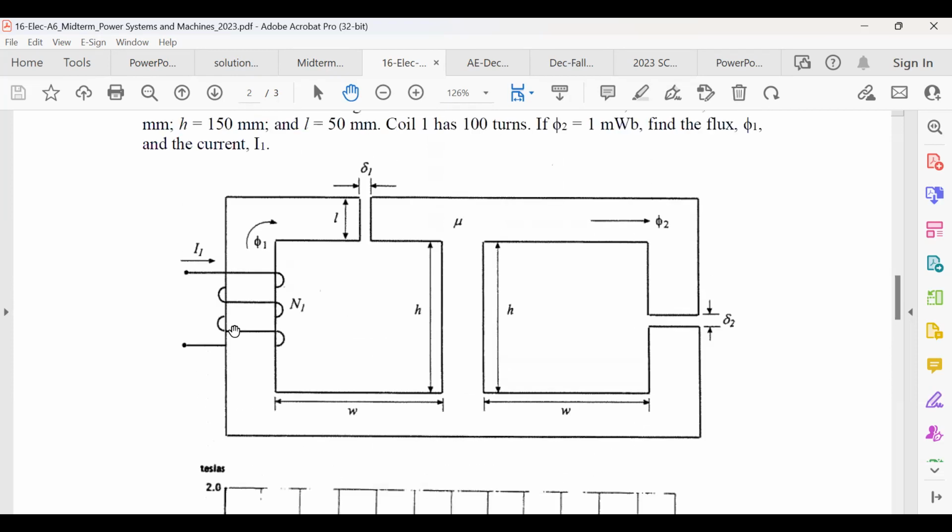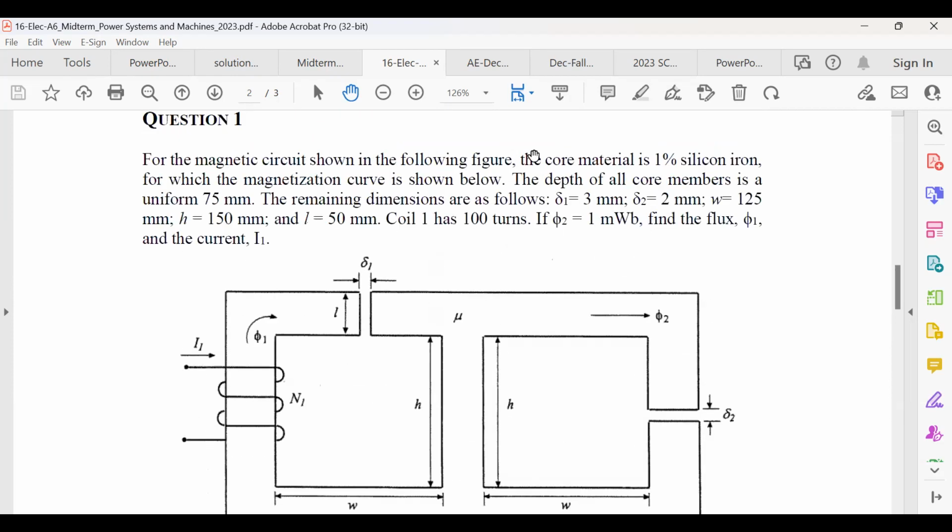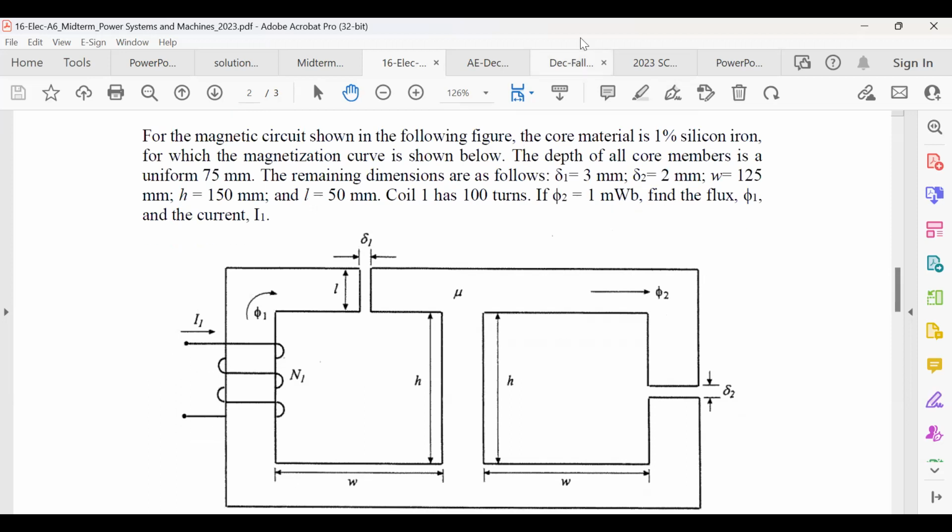As I said, the first step is to draw the magnetic circuit, because in the midterm some of you tried to solve this problem without a correct magnetic circuit. How do we draw it? This is a coil, which means it's a source.